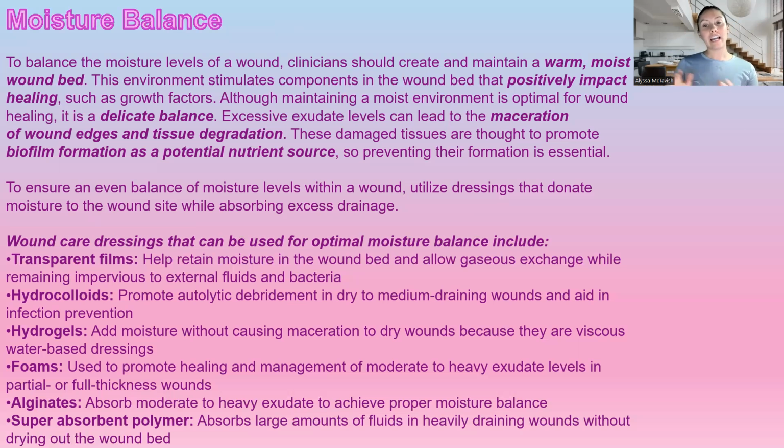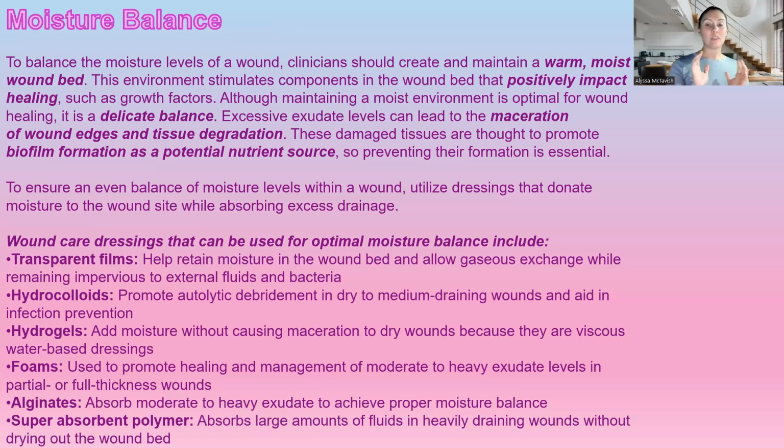To ensure an even balance of moisture levels, we're going to use dressings that either donate or absorb moisture. So it's leaving the wound not dry, just moist. The different types of dressings that we can use for this are transparent films, hydrocolloids, hydrogels, foams, alginates, and super absorbent polymers.